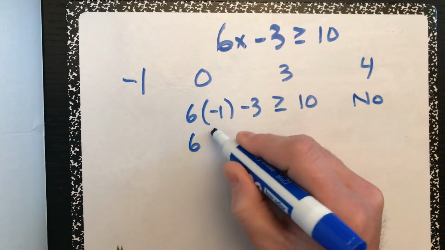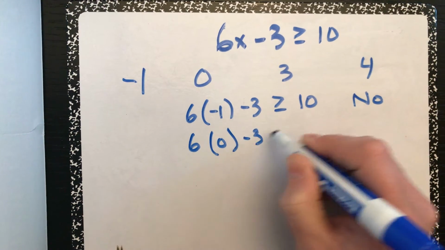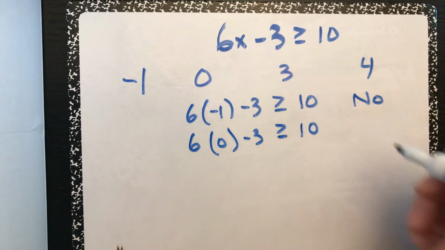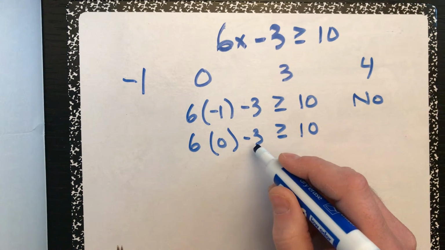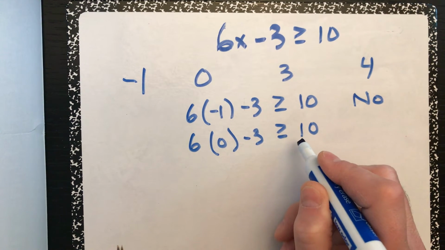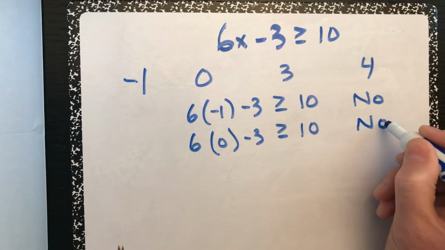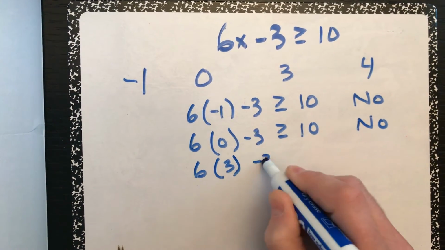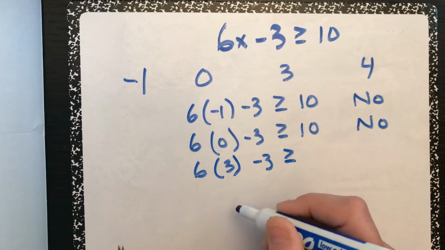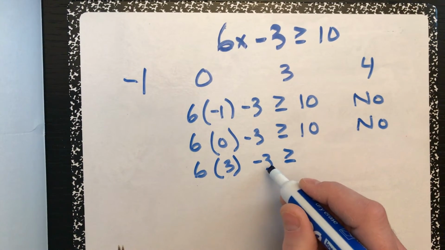So then you do 0. 6 times 0 minus 3. Is that greater than or equal to 10? 6 times 0 is 0. Minus 3 is negative 3. Is negative 3 greater than or equal to 10? No. So then we plug in our next one, which is 3. So we have 6 times 3 is 18. Minus 3 is 15.